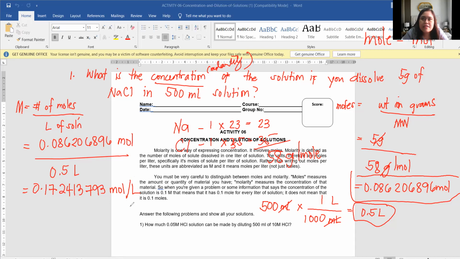The final answer, class, if my instruction is you need to follow the correct rules for significant figures, of course you have to look at the given. So in the given, you only have one significant figure. And if significant figure is what is asked, of course this will be 0.2 mole per liter, because we need only one significant figure.